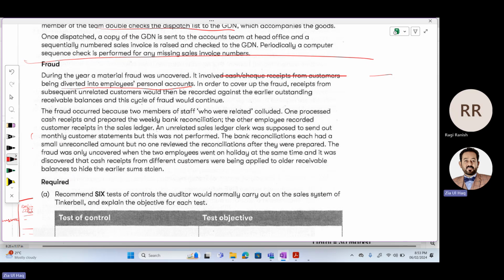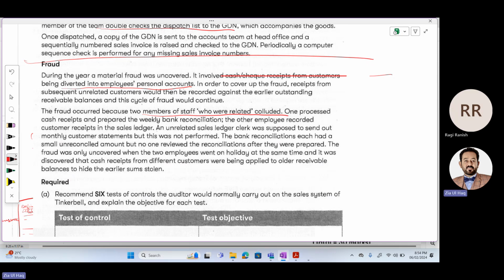The fraud occurred because two members of staff who were related colluded. Means they collude with each other. One processed cash receipts and prepared the weekly bank reconciliation. The other employee recorded customer receipts in the sales ledger.